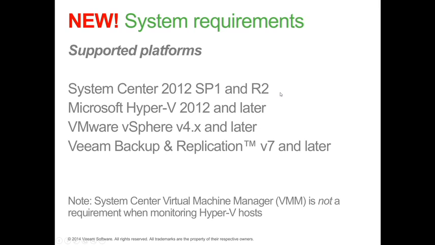To manage and monitor Hyper-V, you need to have 2012 and later, so 2012 and R2. For VMware, we start monitoring from version 4.x and later. And if you want to monitor and manage backup or application, you need to have V7 and later.